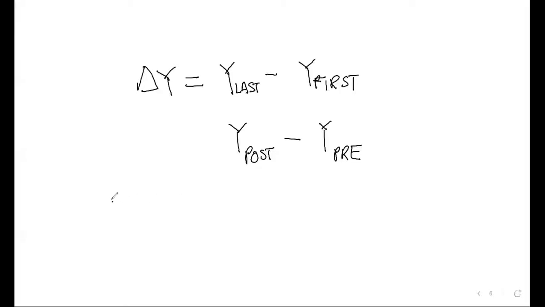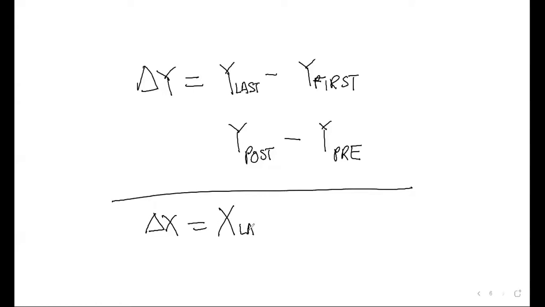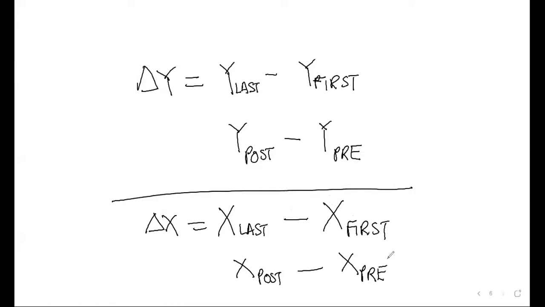Yes, sir. Good. We do the same thing with x. Change in x is defined as the last value of x minus the first value of x. I like to use the words post and pre. Post minus pre. So isn't this del y? Isn't this del x?